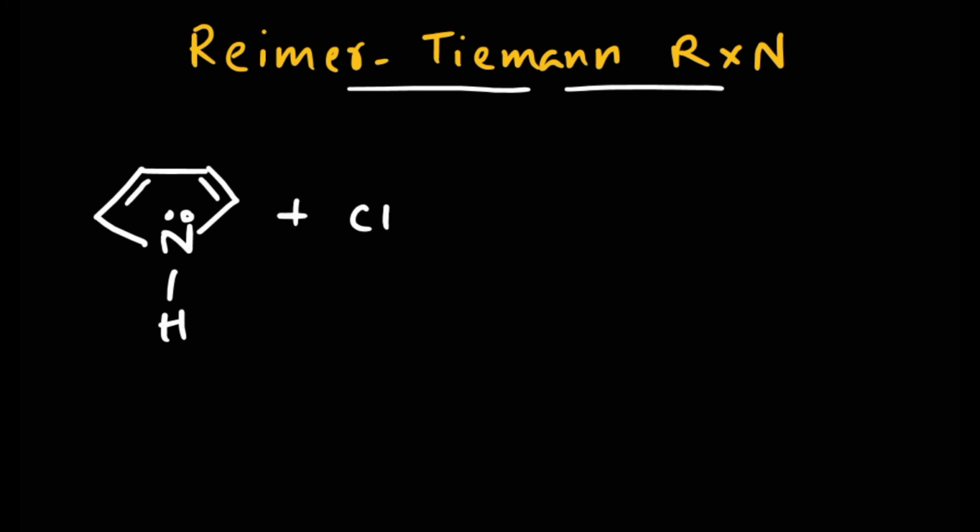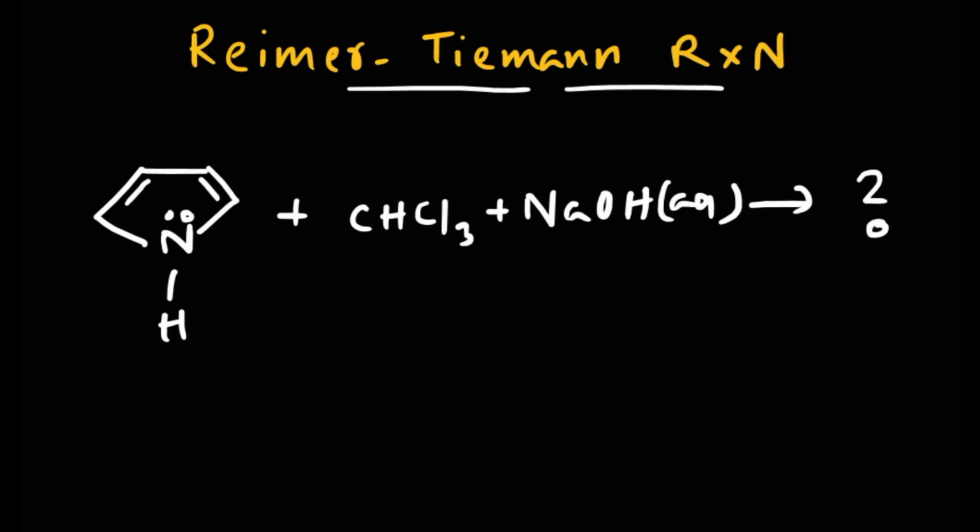Now if it reacts with chloroform and aqueous sodium hydroxide, what will be the product? It is a very important question. Now the confusion comes here: in what position will the aldehyde group be attached?